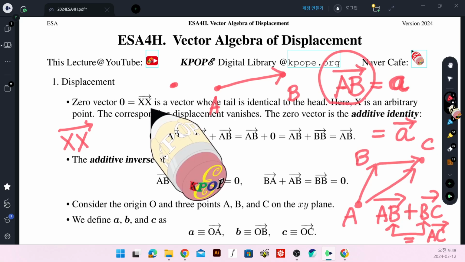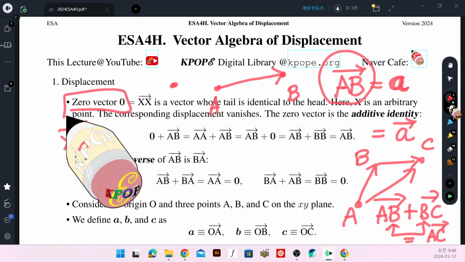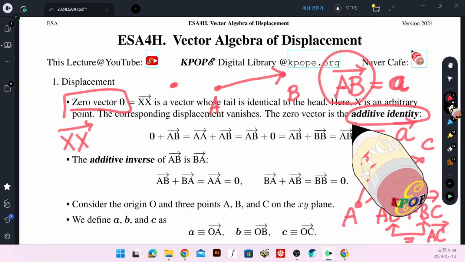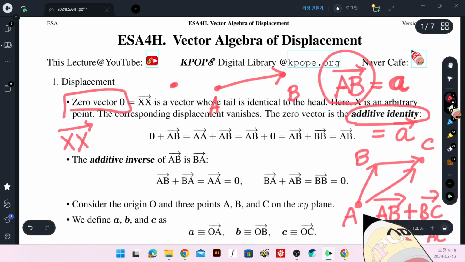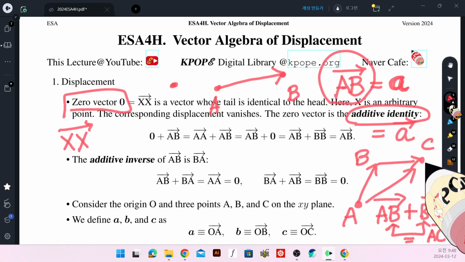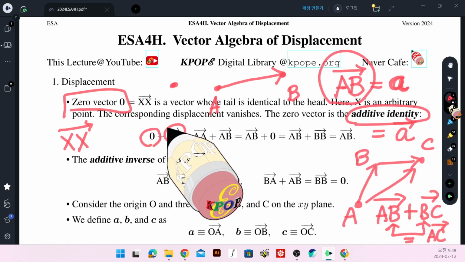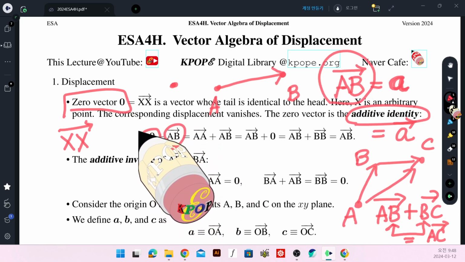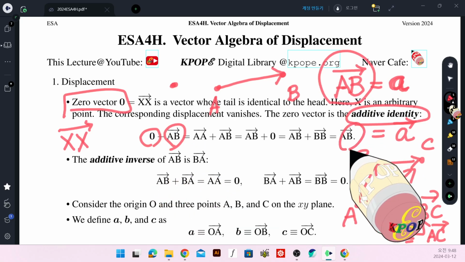So there is no displacement at all. This zero vector acts as an additive identity of algebraic property. So the sum of two vectors can be defined. The sum of a vector and a zero vector is identical to the original vector.